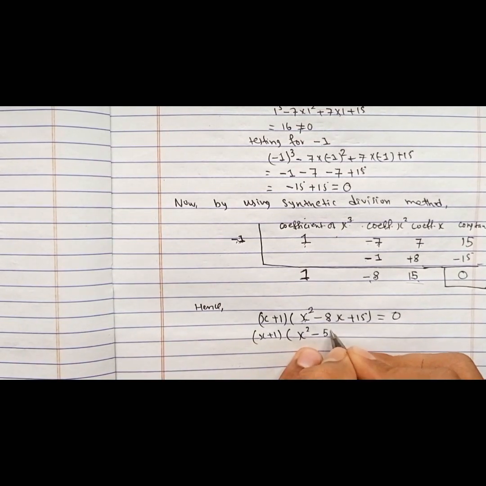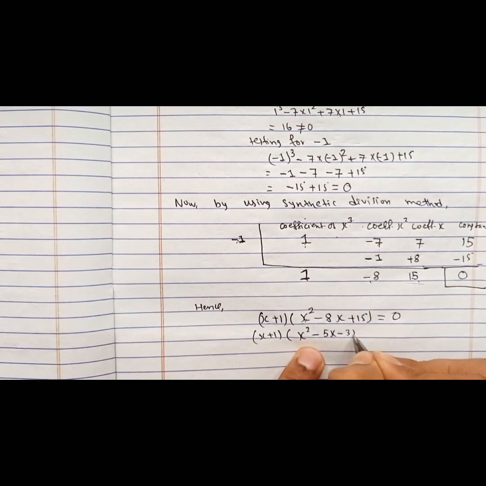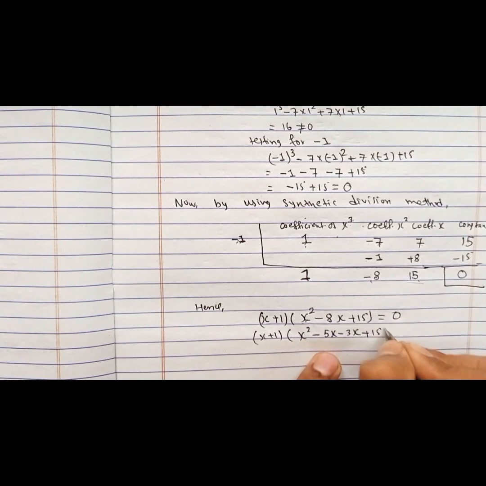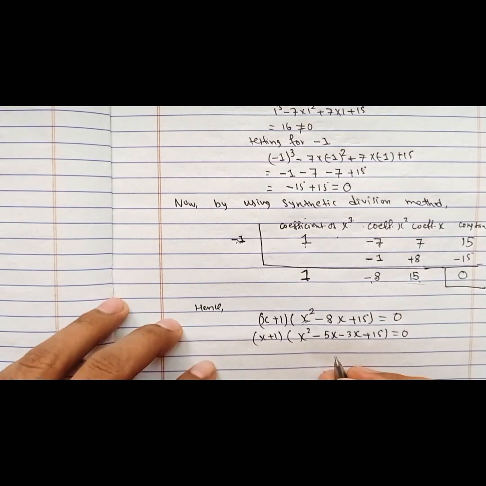We can write 8x as 5x plus 3x, arranged in this way so that we can factorize it, plus 15 equals 0.